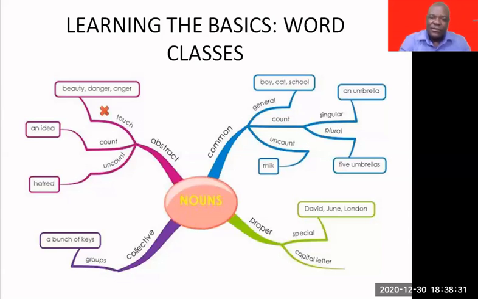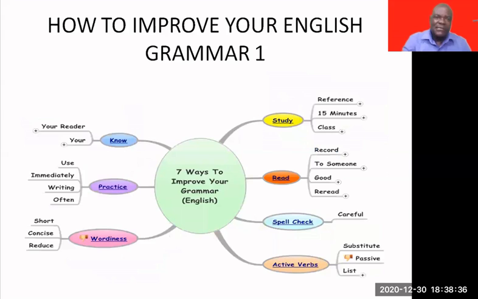All right? So, having said that, let's look at other important aspects. Now we come to how to improve your English grammar. Of course, here we have a pictorial presentation by someone, 7 ways to improve your grammar, and there are different ways, of course, and we shall be looking at different perspectives on how to improve your English grammar.